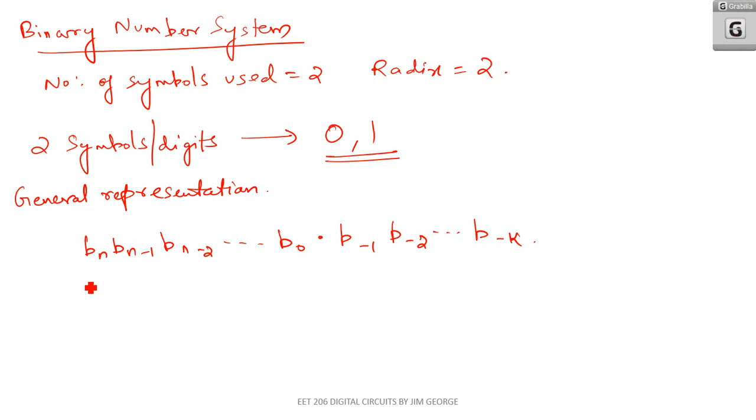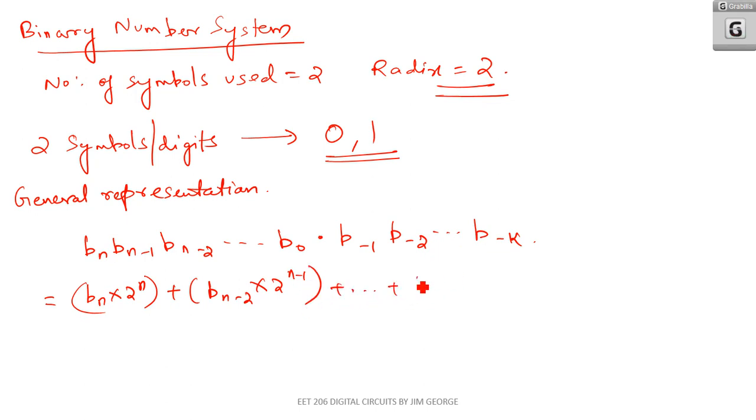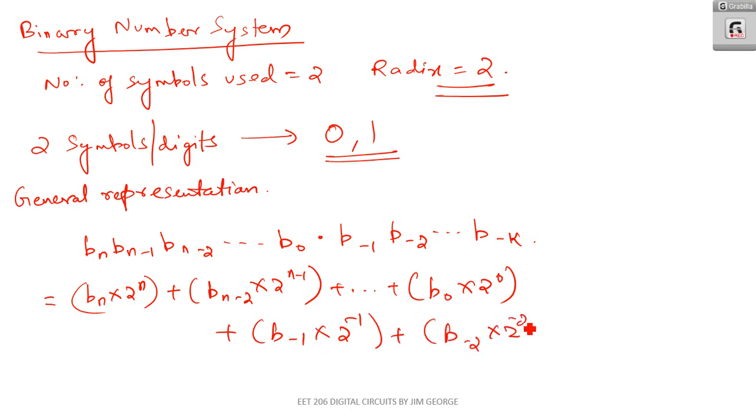So here I can expand it as bn into 2 power n, because here the radix is 2, bn into 2 power n plus bn minus 1 into 2 power n minus 1 plus etc. plus b naught into 2 power 0 plus b minus 1 into 2 power minus 1 plus b minus 2 into 2 power minus 2 plus etc. b minus k into 2 power minus k.